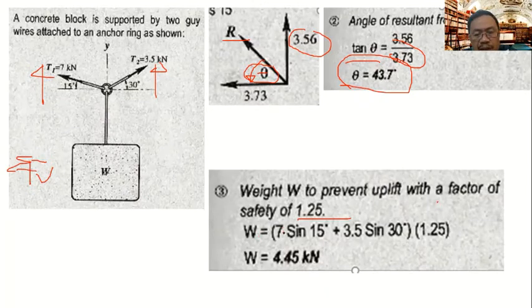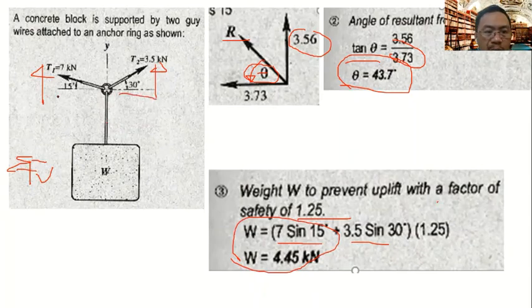So, W, yung kinumpute natin na vertical forces kanina, pagka T1 is sine 15, pagka T2y is sine 30, similar sa first question. Okay? Multiply lang natin ang additional na 25% or times 1.25. Kasi ang additional na safety is 25% of that total vertical forces, yung mga forces sa tension guy wire. So multiply lang ng 1.25, then there will be an additional of 25%. That means, okay, yung weight capacity for this tension guy wires is equal to 4.45 kilonewton.